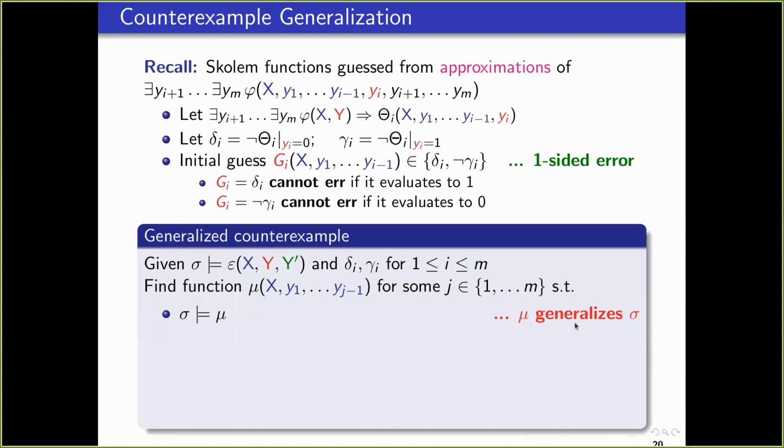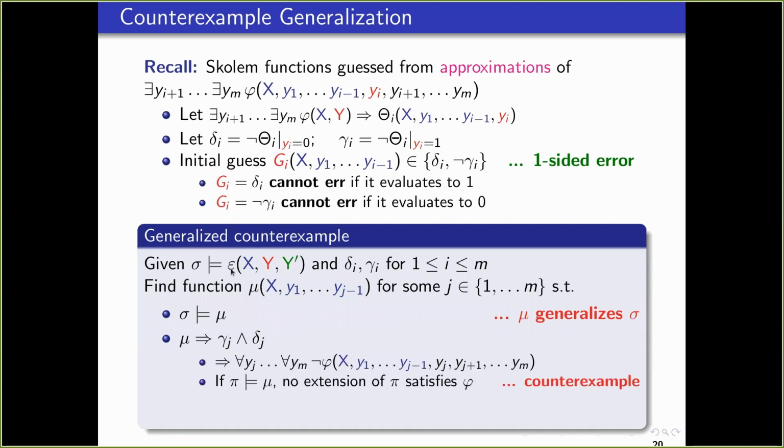So mu generalizes sigma. And it is also the case that for any satisfying assignment of mu, that error formula we came up with, this epsilon, would be violated, right? For any satisfying assignment of mu, it is not possible to use it to satisfy the specification, because the error formula gets satisfied.